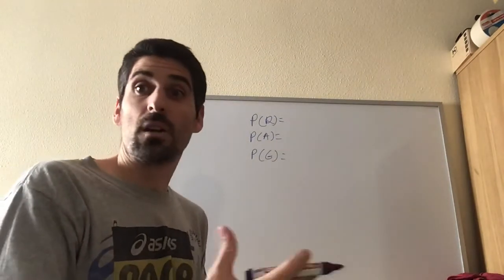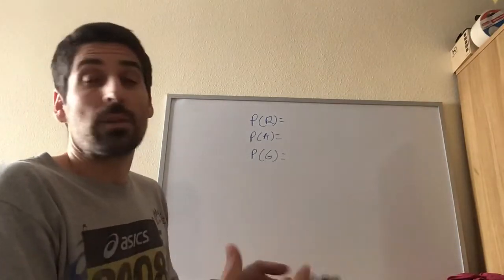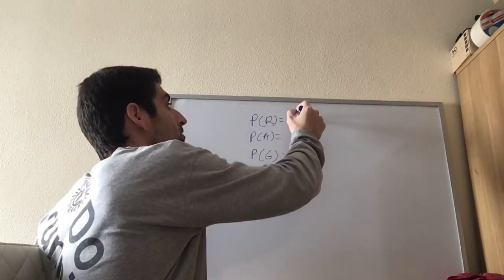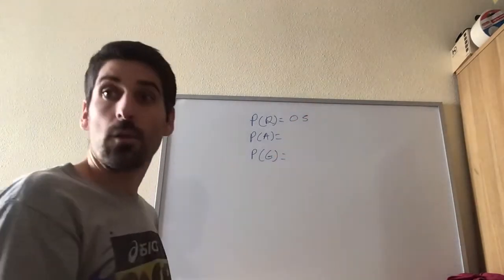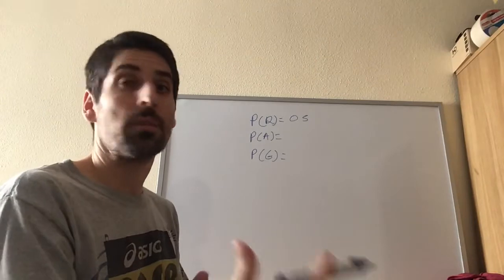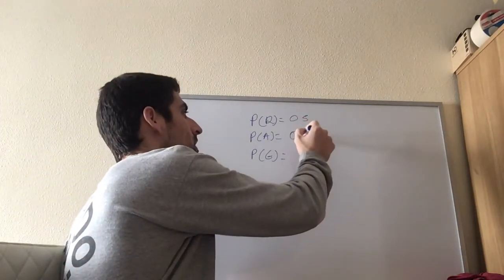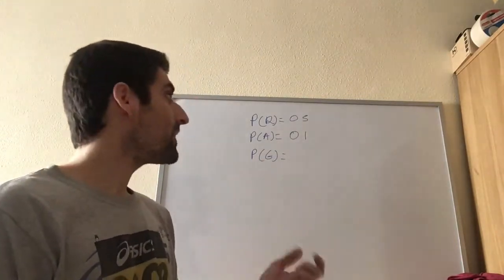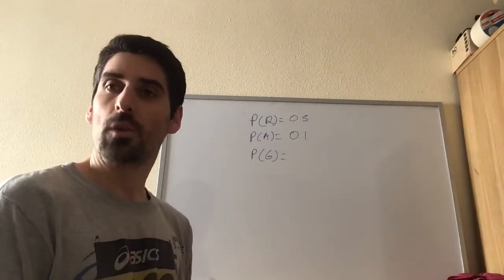And not all the colors of the traffic light have to have the same probability of happening. Maybe that traffic light, for whatever reason, is red 0.5 or 50% of the time, or 1/2 of the time. Maybe amber is 0.1 or 10% of the time.